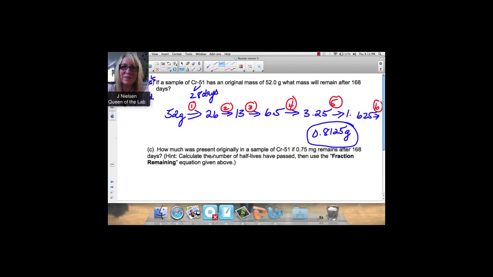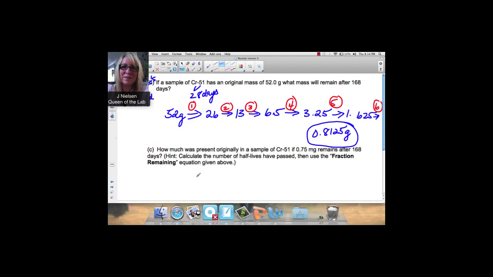Okay. How much was present originally? Now they want to know how much I should start with if 75 milligrams remains after 168 days. Well, we're still dealing with the same substance, so we know it's 6 half-lives because it's the same time, 168 days, and each half-life is 28 days. This says, hint, calculate the number of half-lives that have passed and then use the fraction remaining.